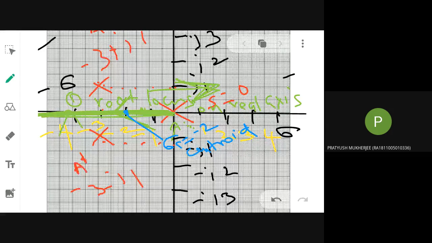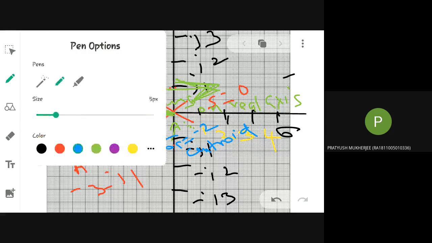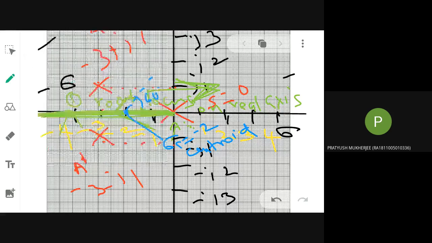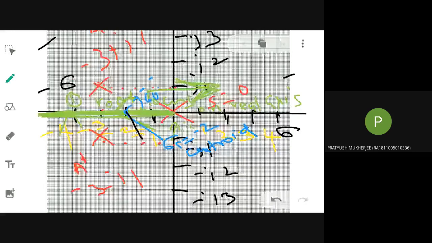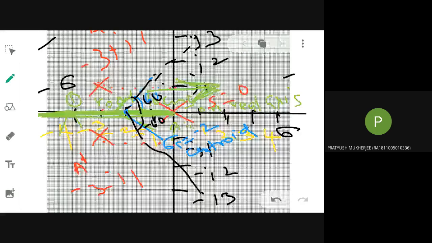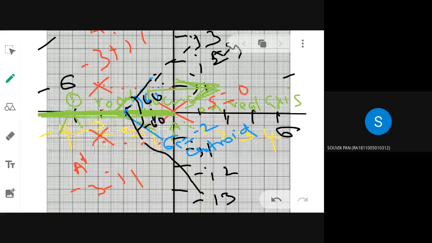Using compass, you mark 60 degrees. Then mark minus 60. At the centroid point you have to mark, and this is your dotted line, that is the asymptote.